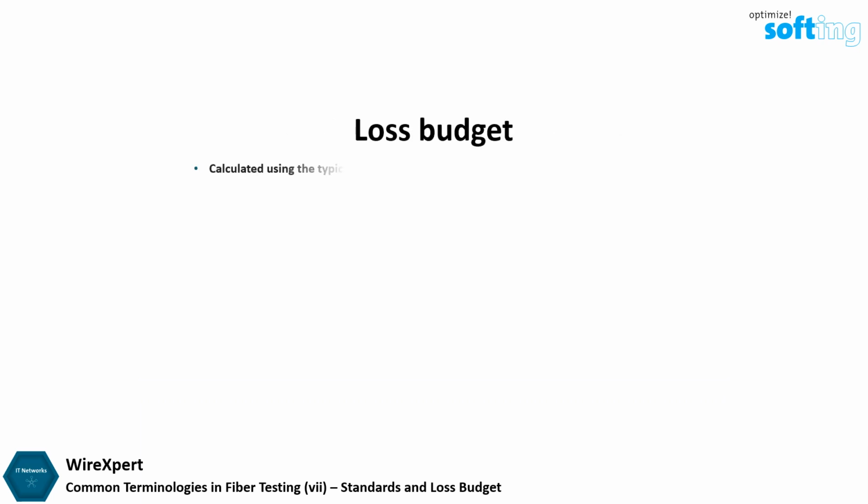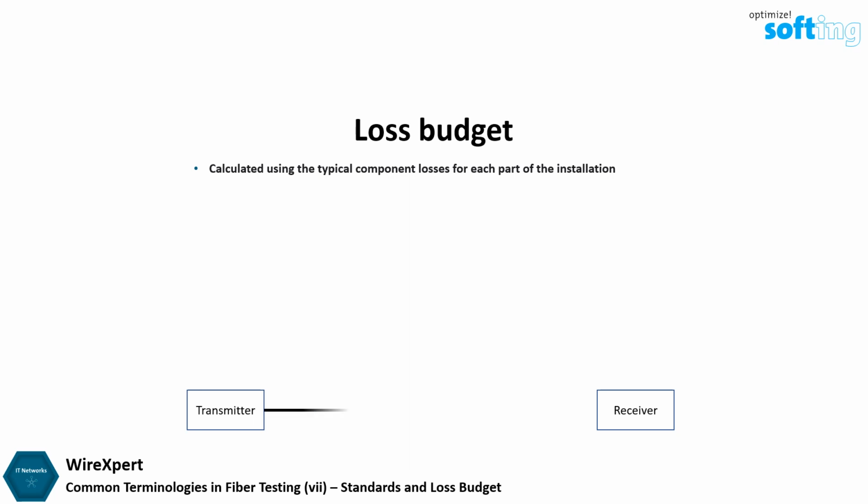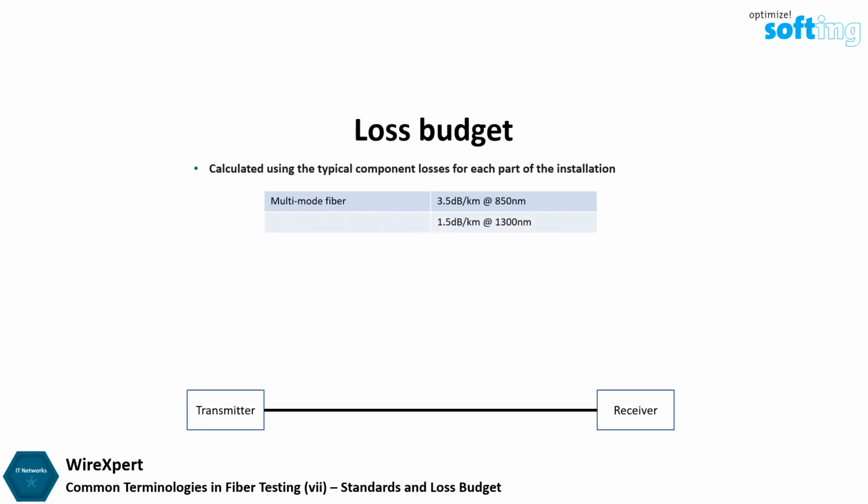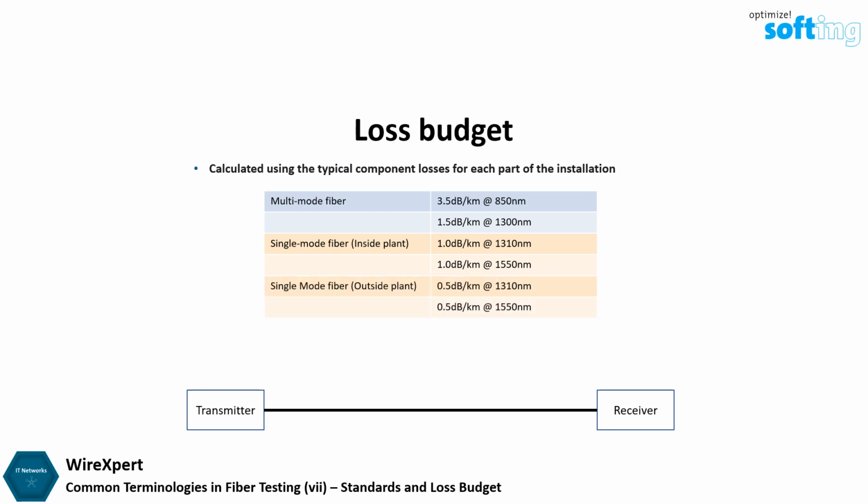Loss budget is calculated using the typical component losses for each part of the installation, such as the fiber, typically estimated at 3.5 decibels per kilometer for 850 nanometers wavelength light sources, 1.5 decibels per kilometer for 1300 nanometers wavelength light sources, 1 decibel per kilometer for both 1310 nanometers and 1550 nanometers wavelength light sources if inside plant, and 0.5 decibels per kilometer for both 1310 nanometers and 1550 nanometers wavelength light sources if outside plant.